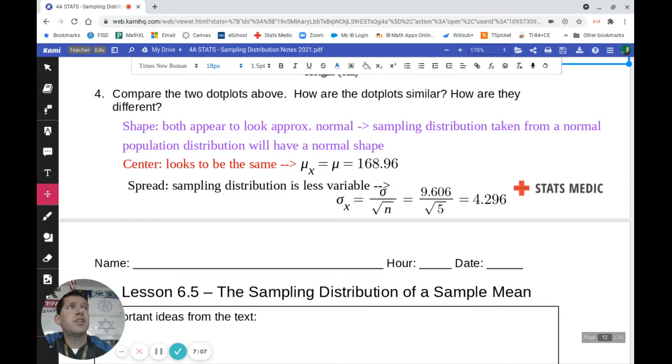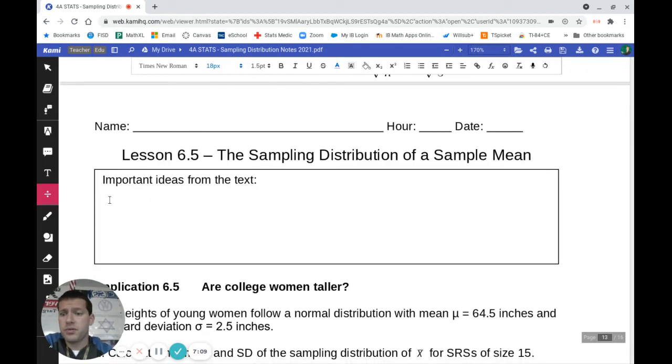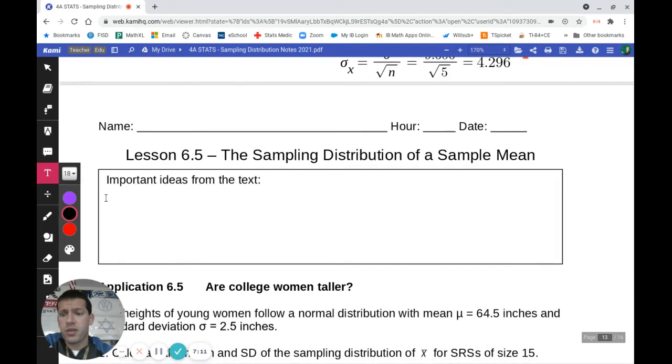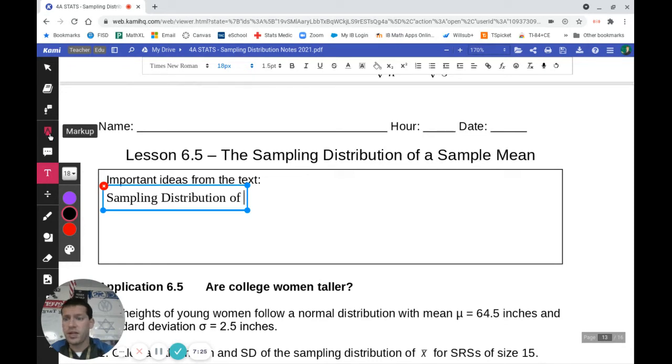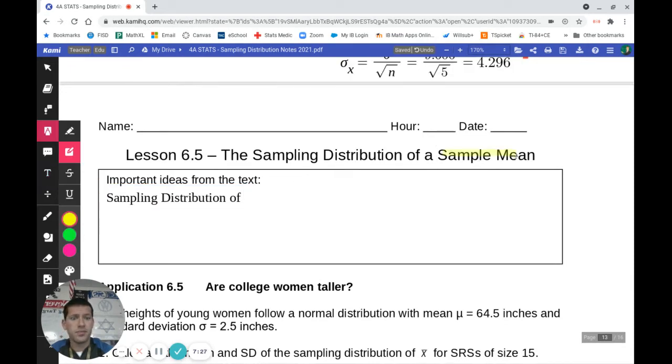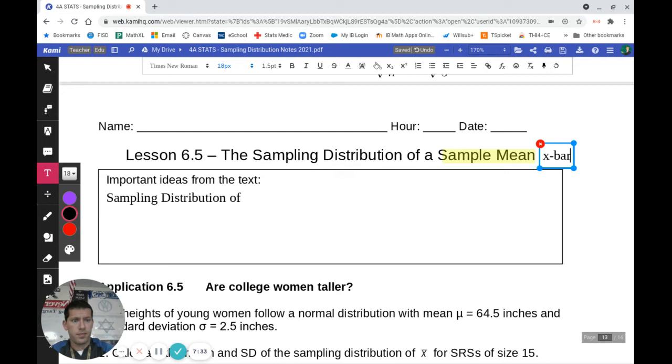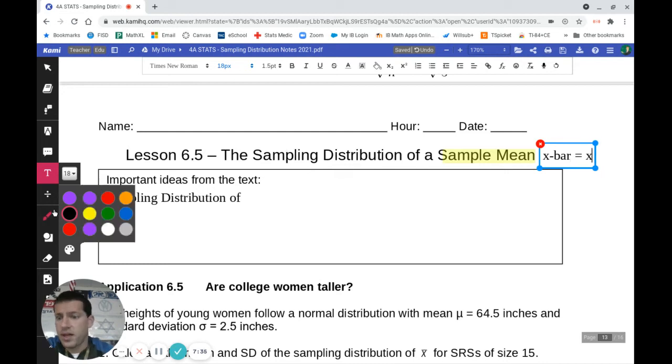So let's go to the next page and we'll finish this up with some important ideas. It's basically going to be those new means, those new formulas. The sampling distribution of our sample mean, remember, is X bar, which is X with a line on top of it.